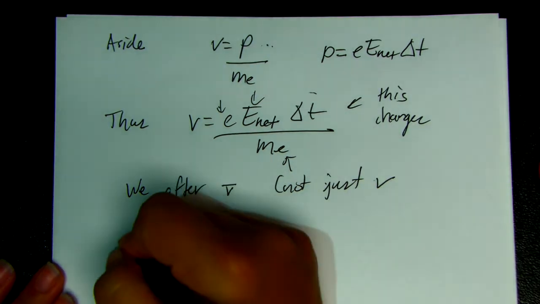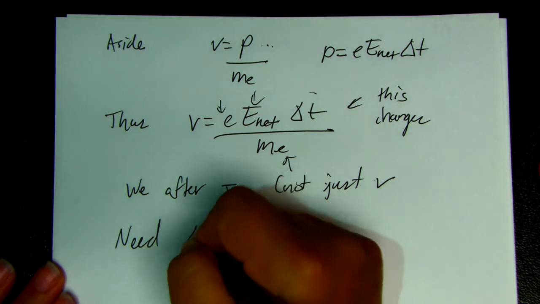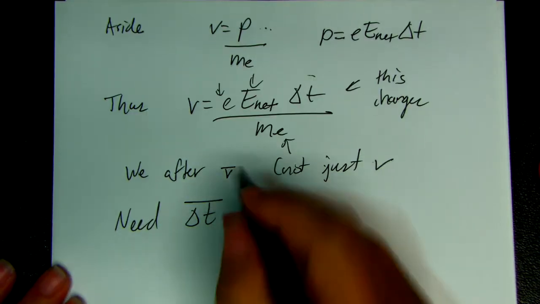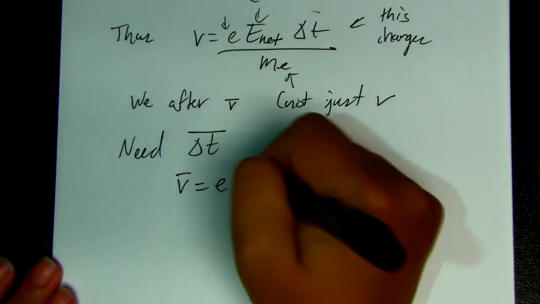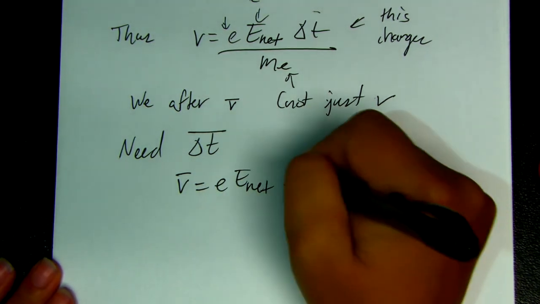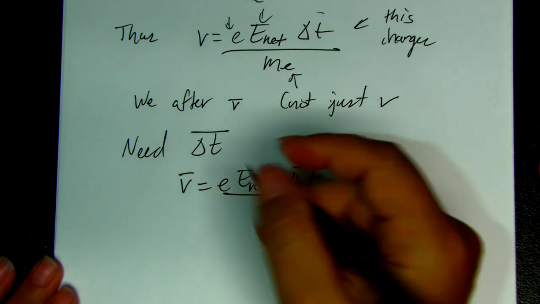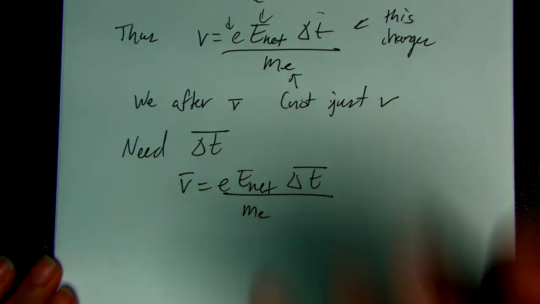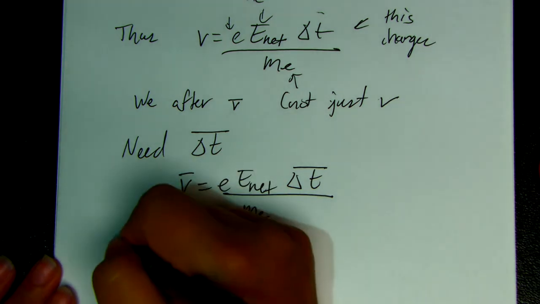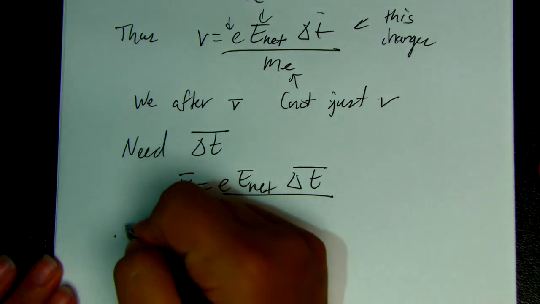So we need delta T bar. V bar is equal to E net times delta T bar over the mass of the electron. So we need to think about what physical factors impact delta T bar.